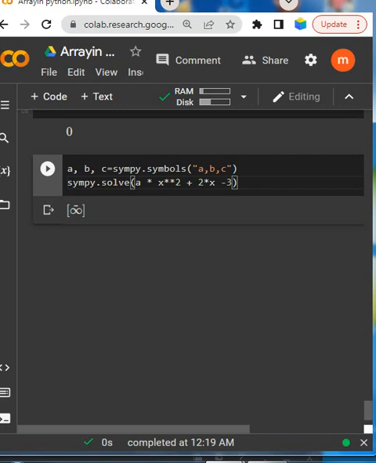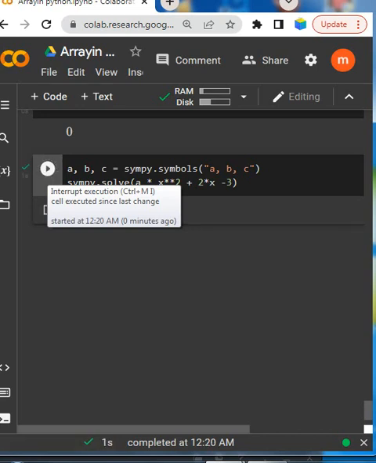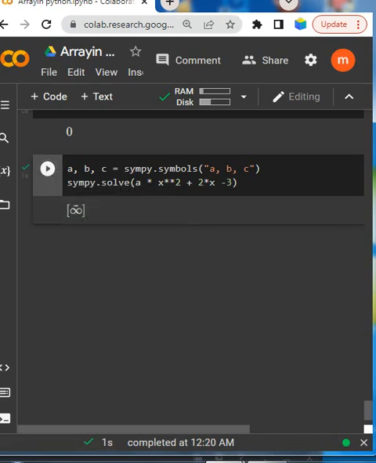Here we need to give some space. Now a, b and c have been printed like this, not infinity, but it still looks like infinity.